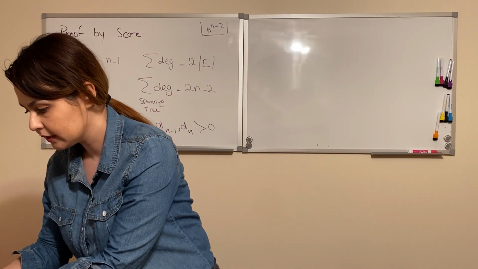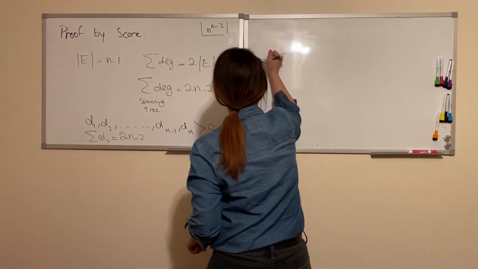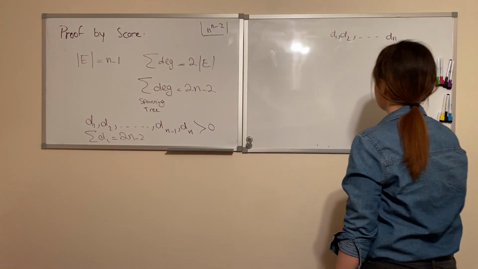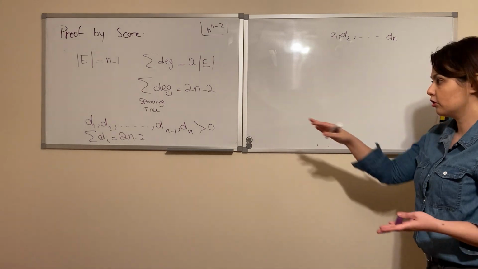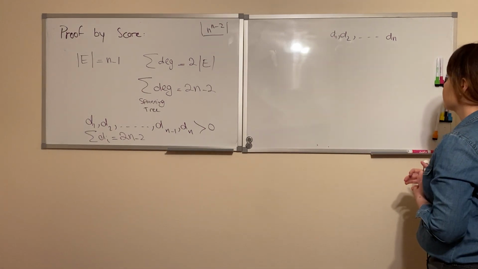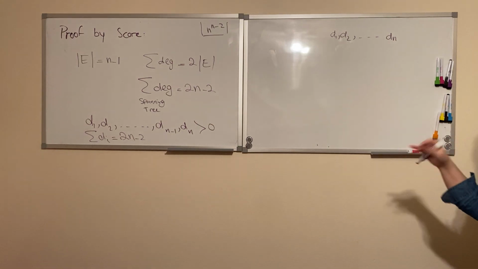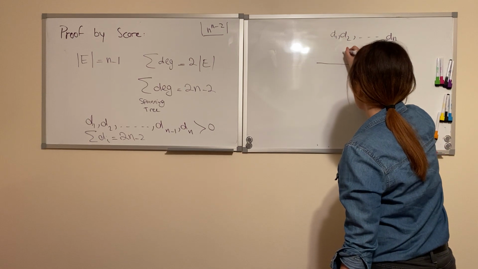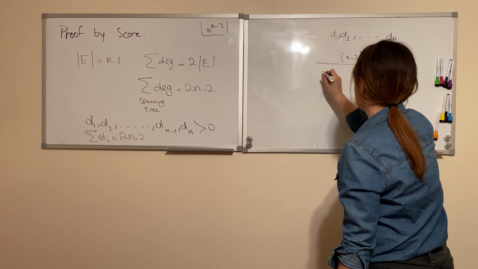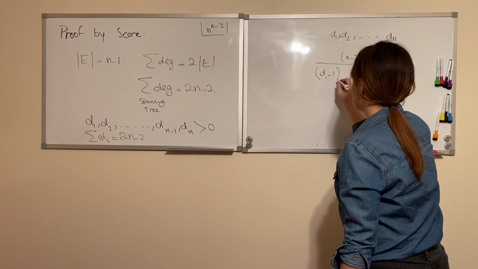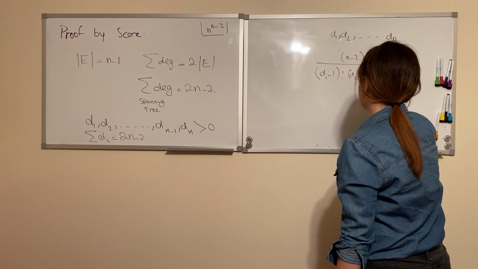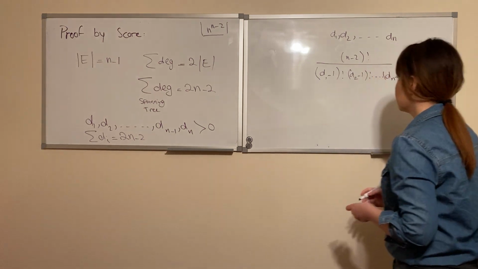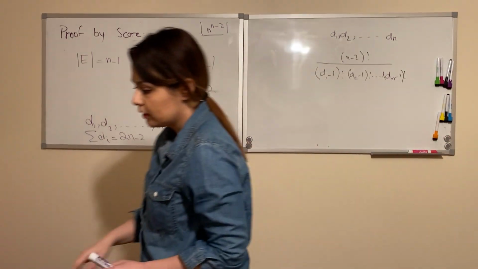The proposition says that if I have a degree sequence d1, d2 to dn, and I know the summation is equal to 2n minus 2, and all of them are positive integers, and it is a degree sequence of a spanning tree, then there will be (n minus 2)! over (d1 minus 1)! (d2 minus 1)! all the way to (dn minus 1)! I want to prove this statement.